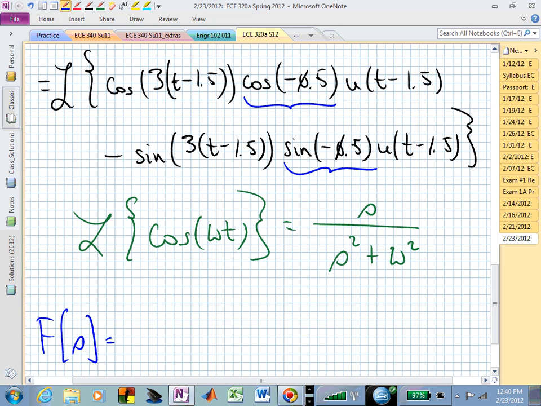There's no function of the independent variable t. Cosine of minus 1/2 or sine of minus 1/2 will simply be a number. We now are scaling the cosine and sine piece by a different number. And if you were playing along, you heard that scaling right there.